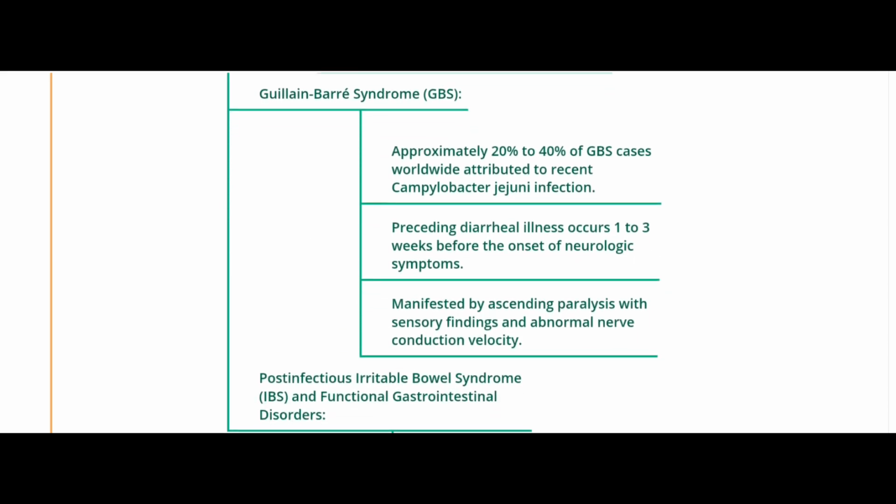If we talk about Guillain-Barré syndrome, it appears that almost 20 to 40% of Guillain-Barré syndrome cases are attributed to recent Campylobacter jejuni infection. This was not the case earlier.